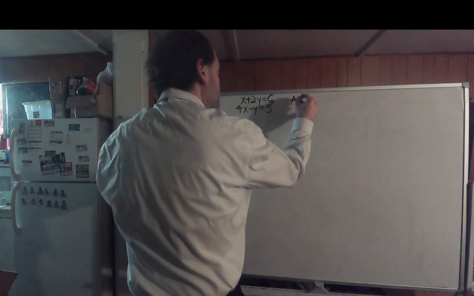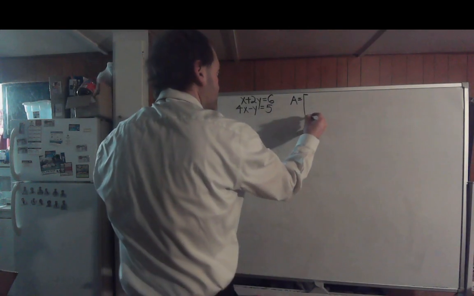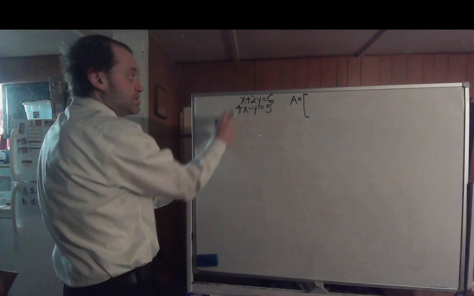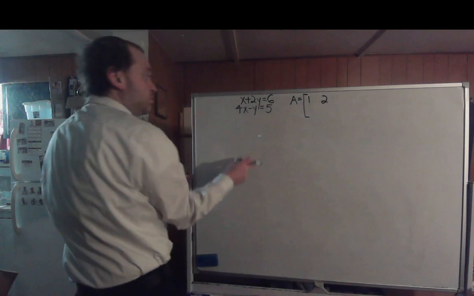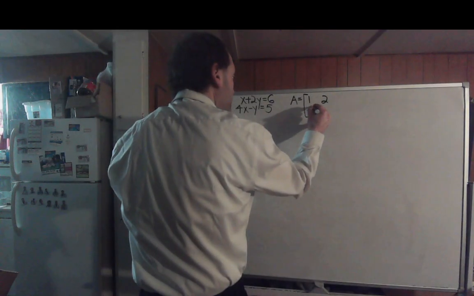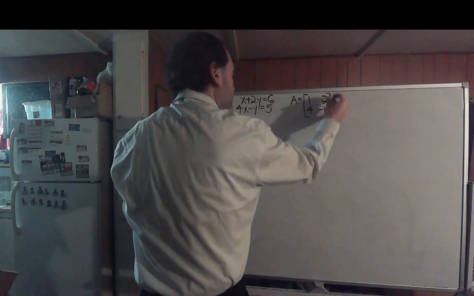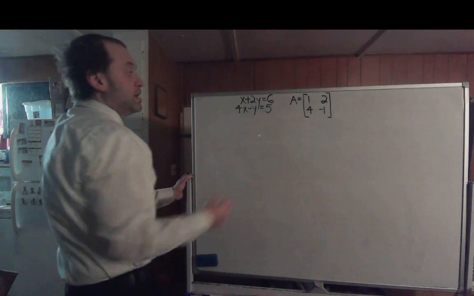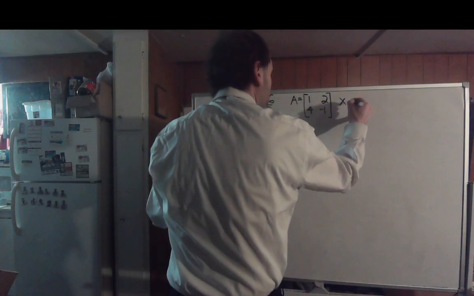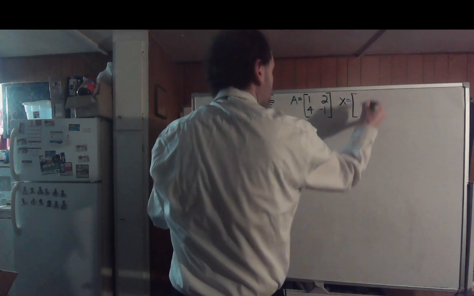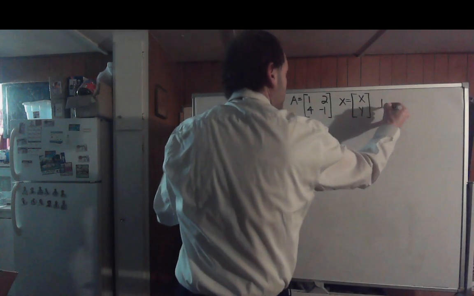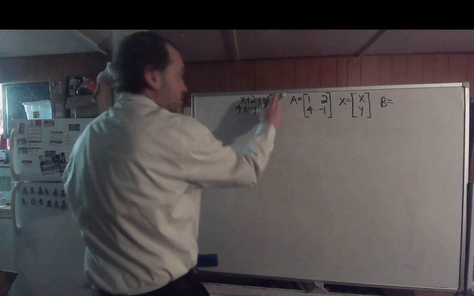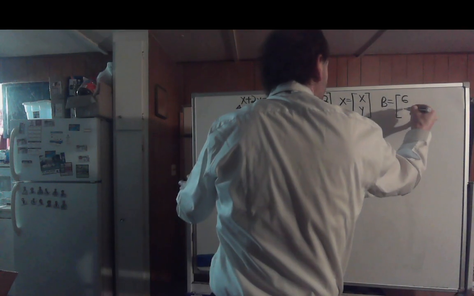So matrix A is nothing more than a 2 by 2 matrix with your coefficients of x and y. So in the first row, you'll have 1 and 2 for your coefficients of x and y. Second row, you'll have 4 and -1. Your X matrix is nothing more than a 2 by 1 matrix with just X and Y. Then your B matrix is going to be a 2 by 1 matrix with entries 6 and 5.